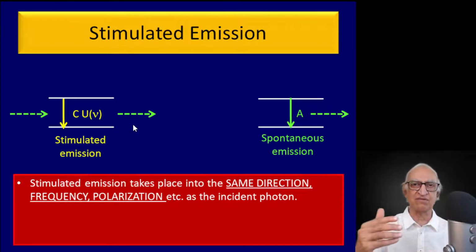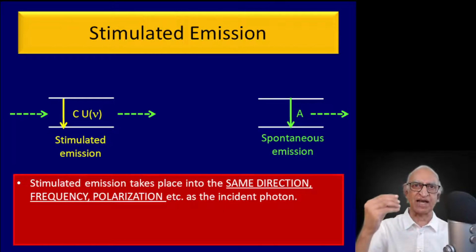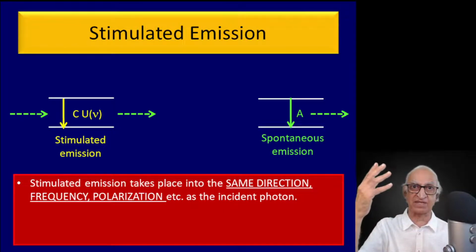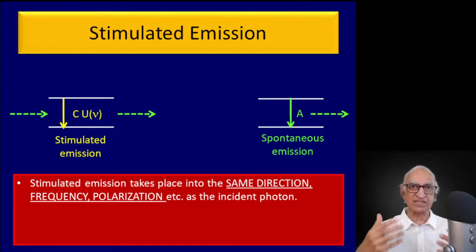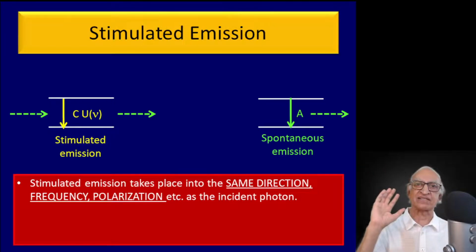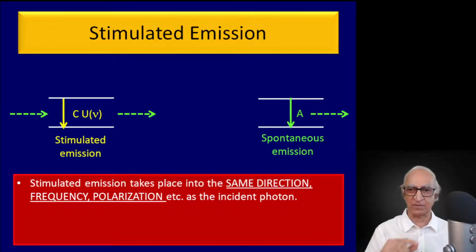Now, if you have 10 to the power 23 atoms or molecules in the upper state, and they are undisturbed, and they spontaneously jump to the lower level emitting radiation, then these photons can go in any direction they like. They can have any polarization they like.